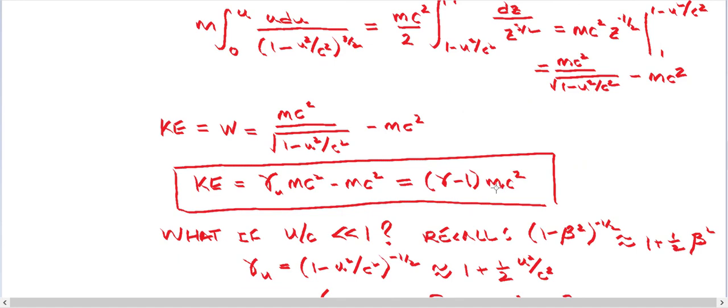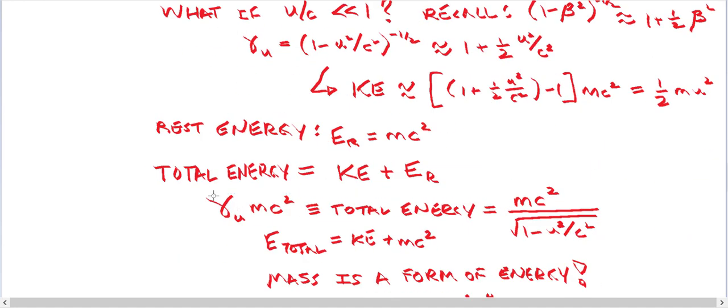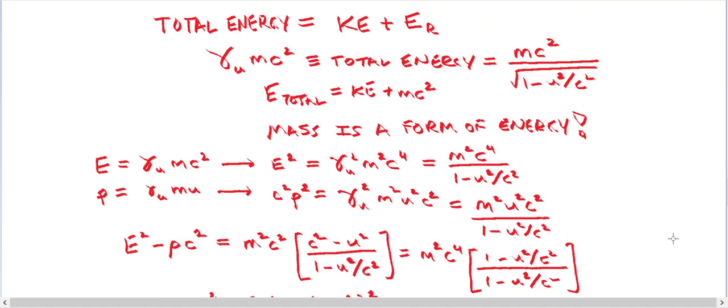If I add mc squared to that, what we get is that the total energy is just gamma mc squared. Hooray! Which is just mc squared over the square root of 1 minus u squared over c squared. I can't emphasize enough that this is cool, right? Mass is a form of energy. That is one of our takeaways from this.